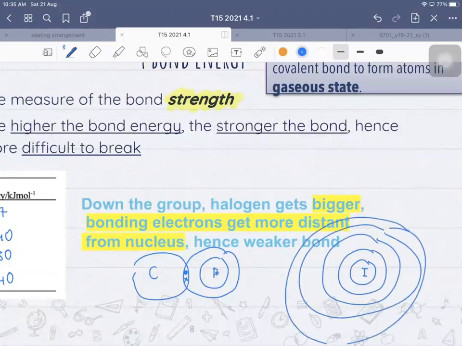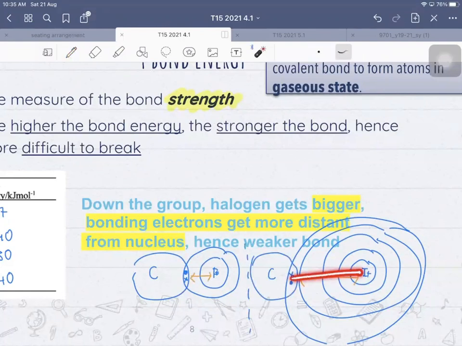Even though my drawing is not great as usual, that's the bonding electron with carbon. So you can see the distance: the nuclear attraction for carbon-iodine is smaller than the nuclear attraction for carbon-fluorine.